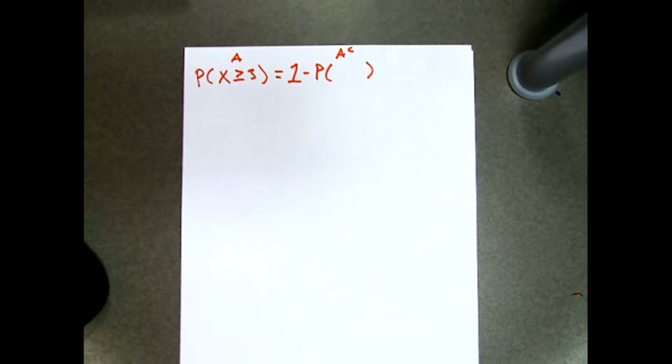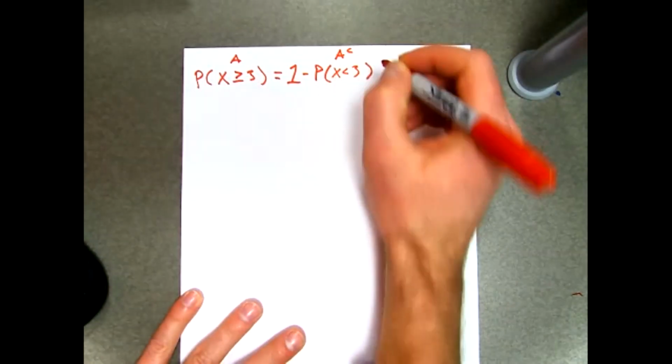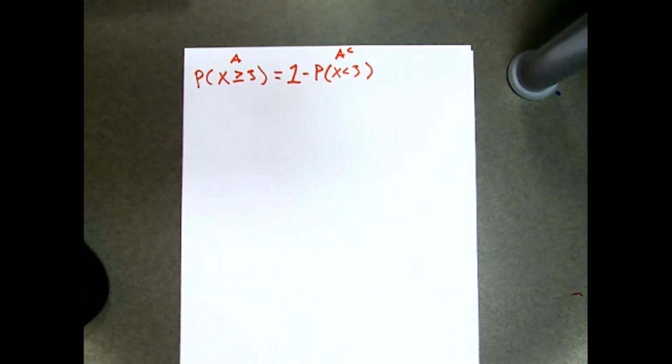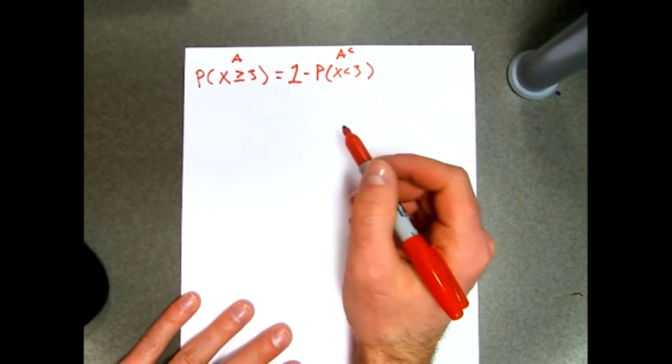So the complement is just everything that's the opposite, or that's not in A. So if A is X being greater than or equal to 3, A complement would just be X being less than 3, right? The event and its complement should cover every single possible value. So greater than or equal to 3 if that's event A, less than 3 would be its complement.